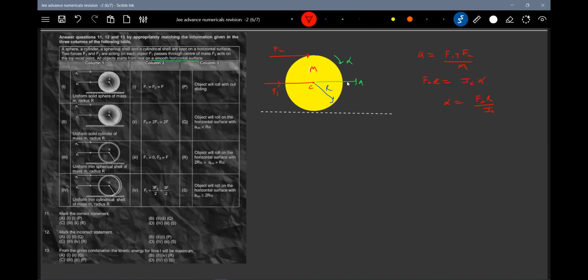I think now I'll do one thing. I'll bring first the solid sphere, solid cylinder, next spherical shell, then cylindrical shell.